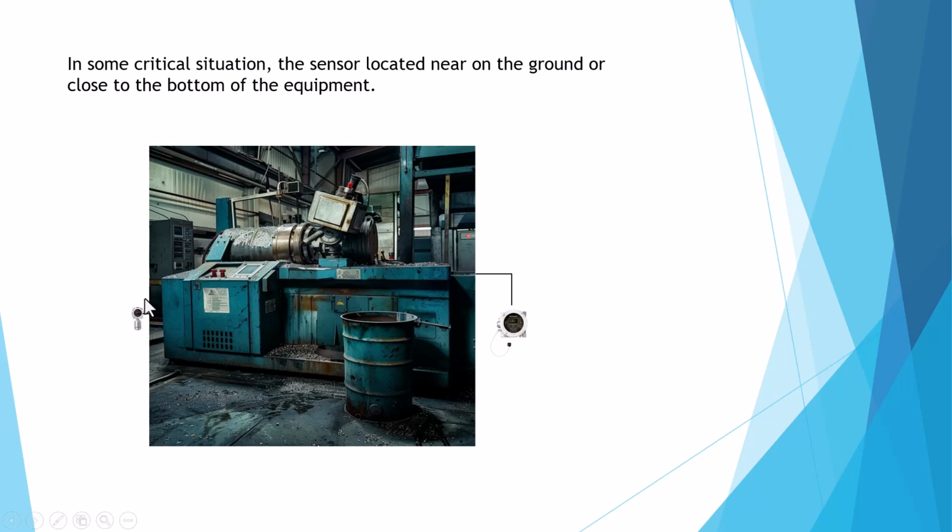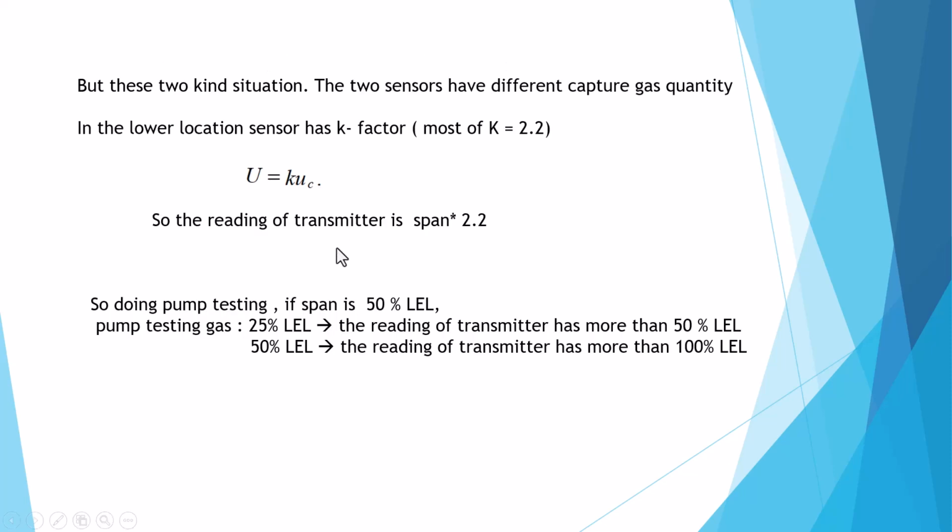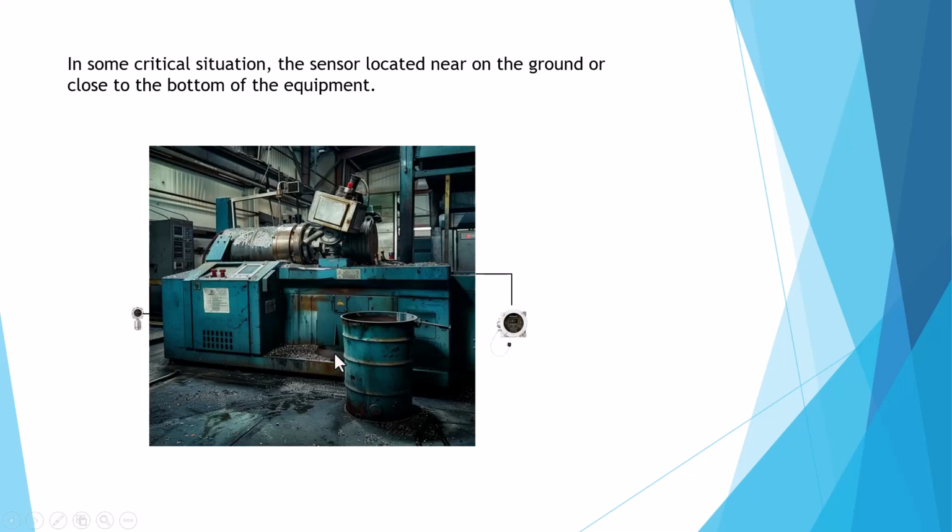Here is the sensor installed. Why do you install the sensor here? I think it is very critical. This equipment may leak LEL from the bottom. We know LEL is lighter than air, so most LEL goes to the roof, but a few stay near the ground.